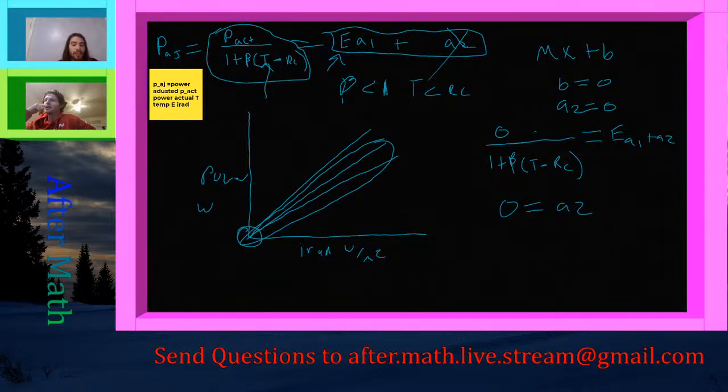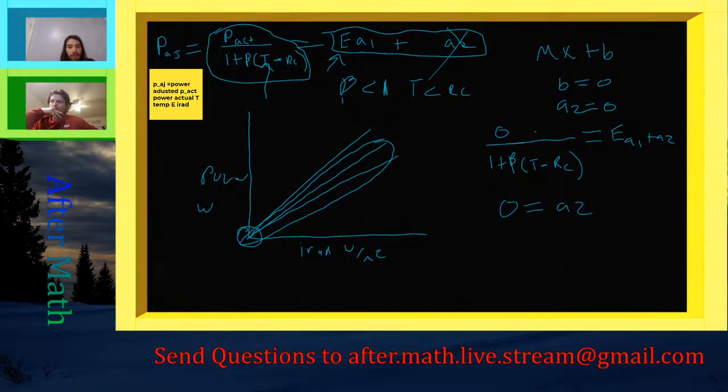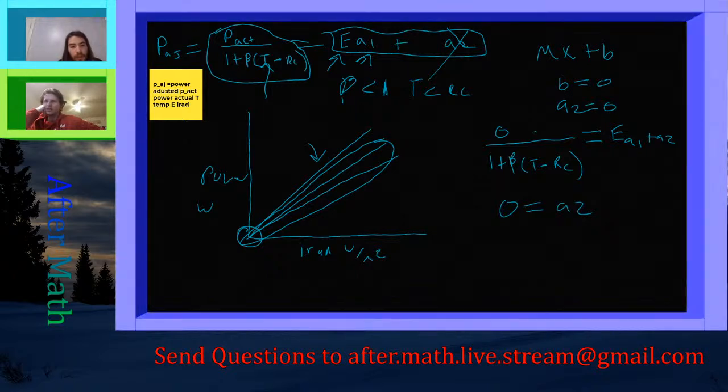So what I see, Jaden, as the solution to this problem is that each one of these lines should have a constant A1. That A1 is determined by a specific temperature.